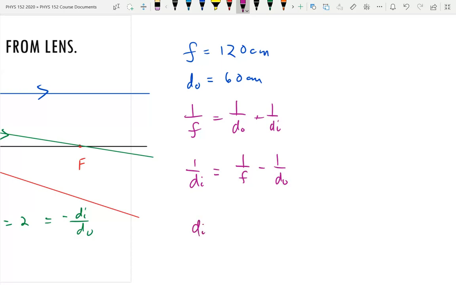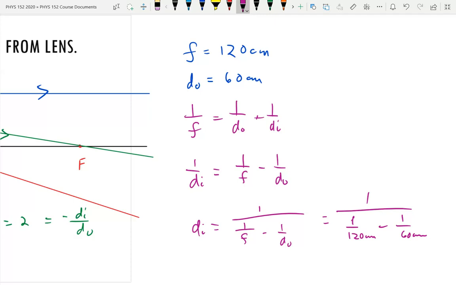So distance image is equal to 1 over f minus 1 over distance object, equals 1 over 120 centimeters minus 1 over 60 centimeters. Common denominator is 120. So that's 1 over 120 minus 2 over 120.